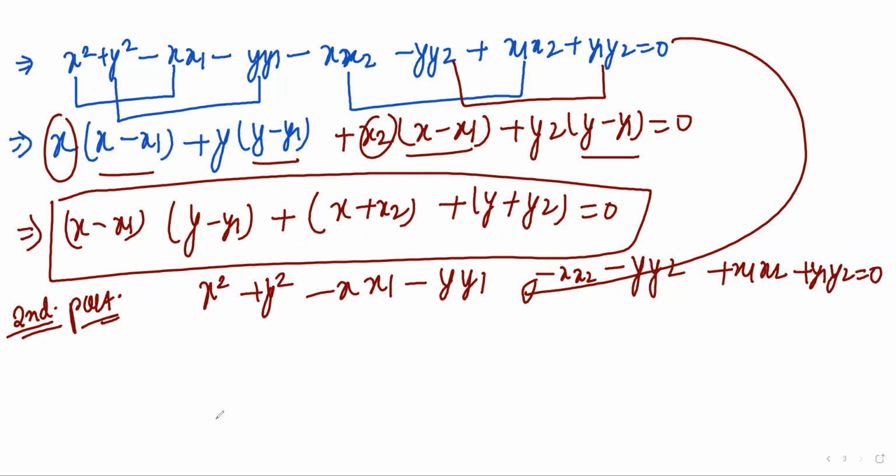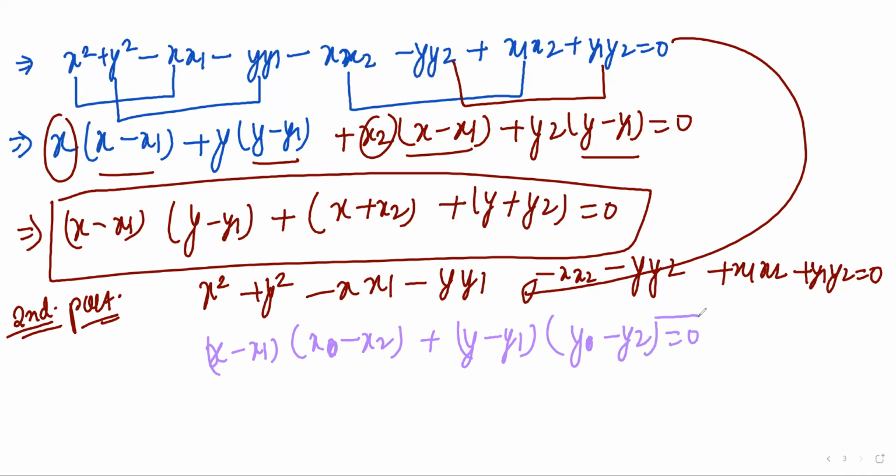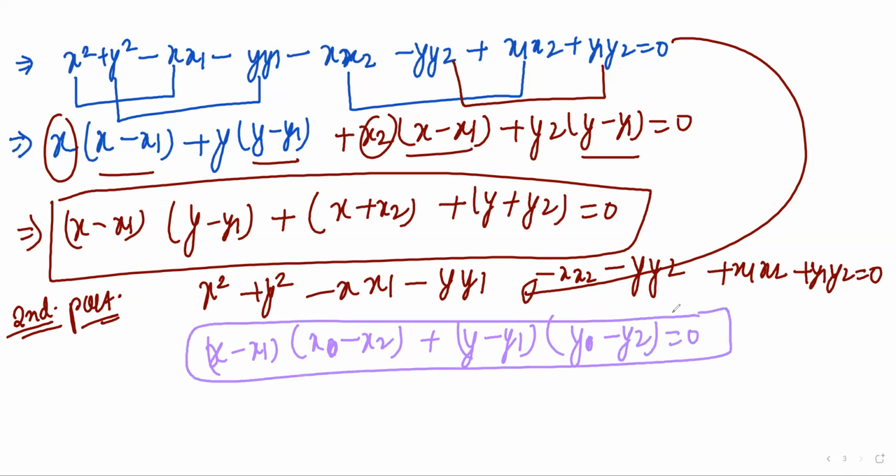So what can we do here? If you take common, your final answer will be like this: x minus x1 into x minus x2 plus y minus y1 into y minus y2 is equal to 0. So this will be the equation of the circle having 2 points at the diameter.